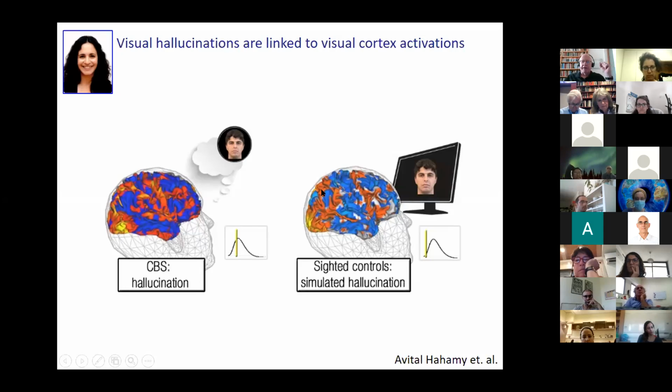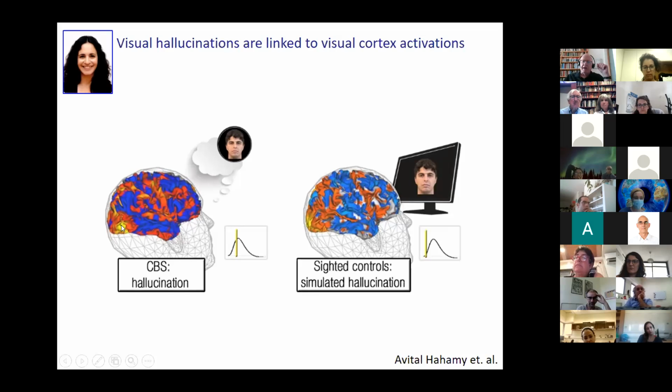And in parallel, she mapped the activity in healthy sighted individuals when they saw the simulation of the hallucination. And the fascinating discovery was the great similarity in activation during the hallucination, I remind you, in complete absence of any stimulation of the early visual areas, and the similarity of this activation to the activation that was generated in healthy individuals that actually saw the optical images.